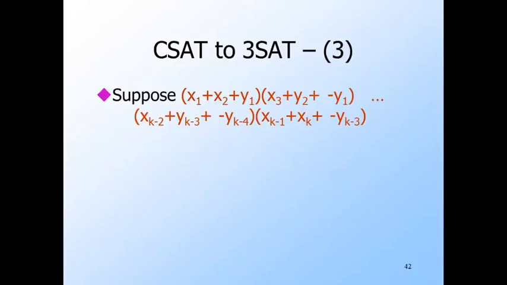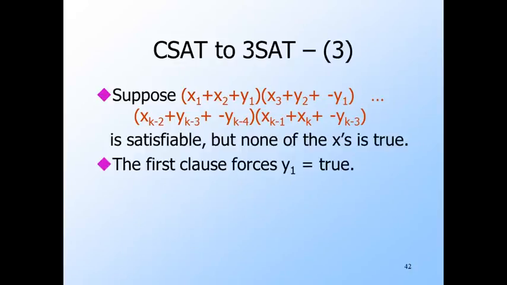Conversely, suppose that there is a truth assignment that makes all the new clauses true but makes none of the literal x's true. Assuming that no x's are true, the fact that the first clause is true, that is this, says that y sub 1 must be true in this hypothetical truth assignment.